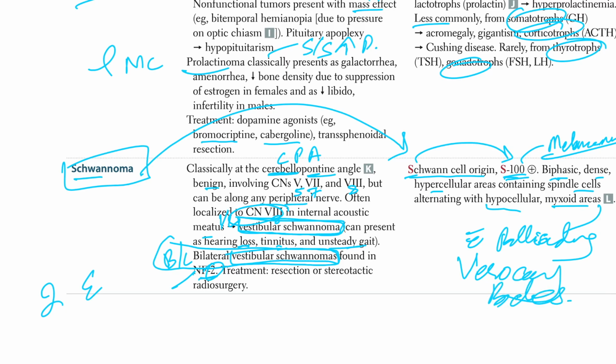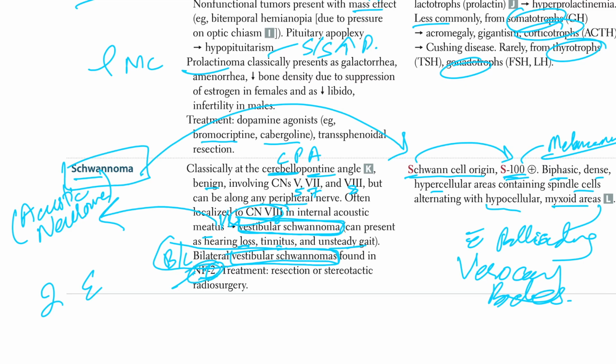Okay, so one more thing is when you call it ipsilateral vestibular schwannoma, there is a specific name to that, and that is called acoustic neuroma. And when it is bilateral, you know that it is associated with NF2.